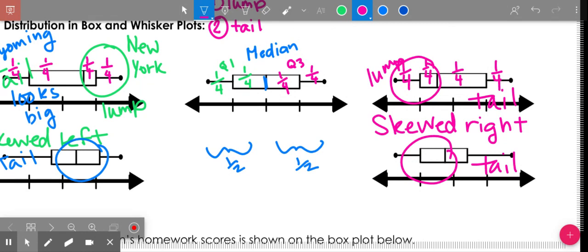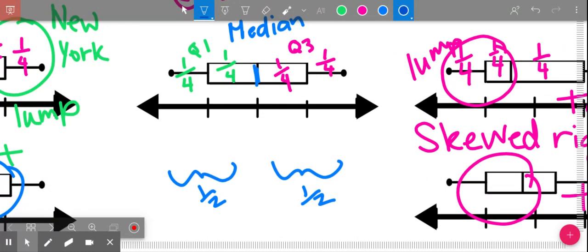The only one we haven't talked about is the very middle one that we sort of marked up with some vocab. That one, you can see that it kind of is a mirror image of itself. Like if you fold it on the median, everything would land on itself. So that one is our symmetric one. You can kind of imagine a bell shape over it.